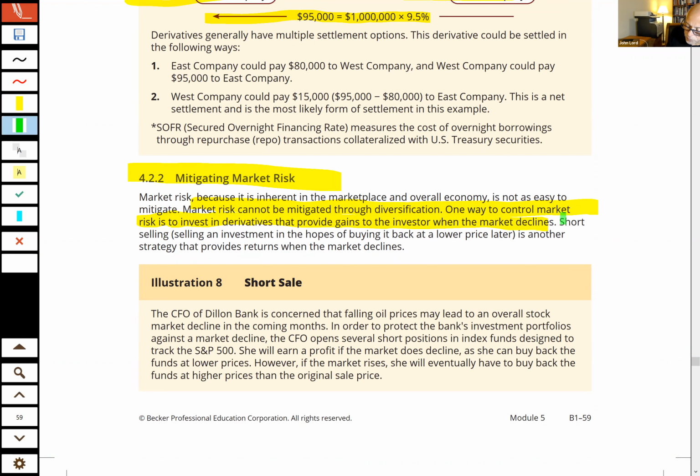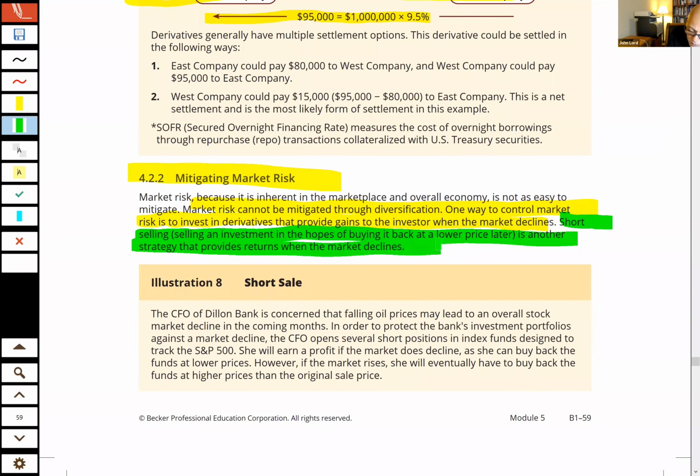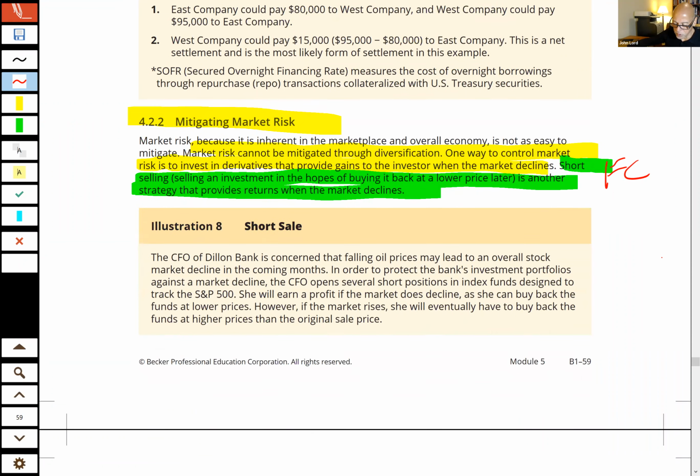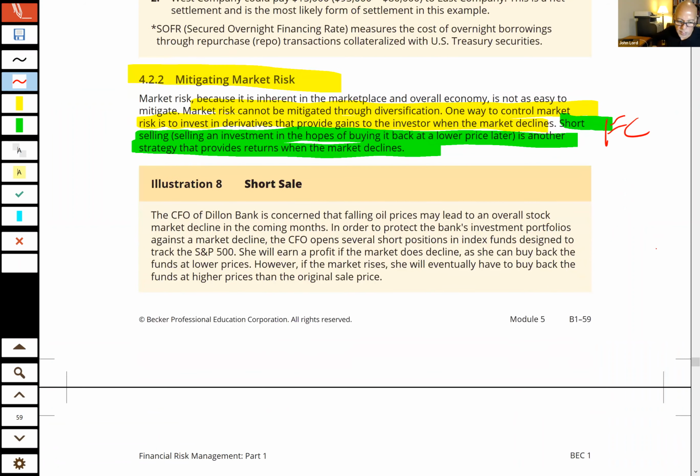Short selling, in hopes of buying back at lower prices, is another strategy that provides returns when markets decline. Okay, now there was a lot about short selling that you probably saw in the financial press with the GameStop. What is it?